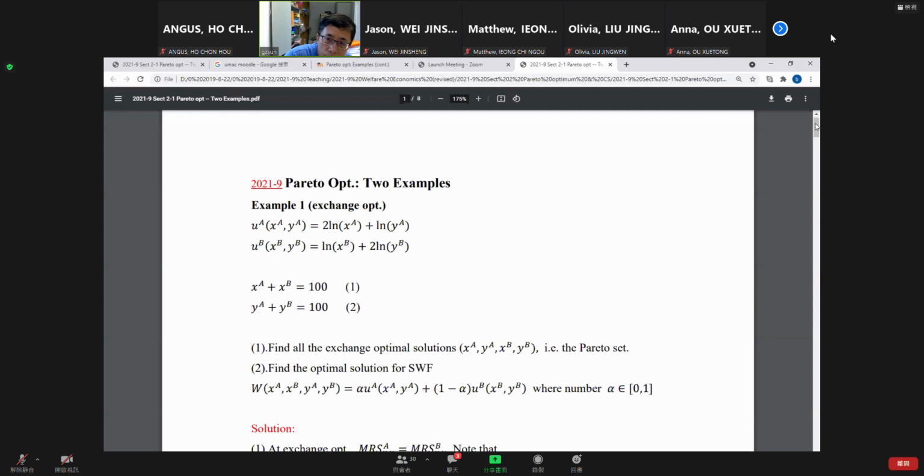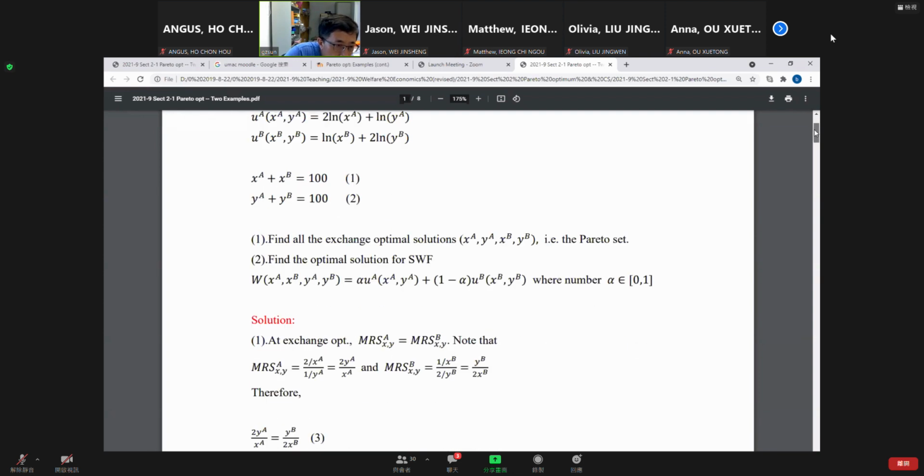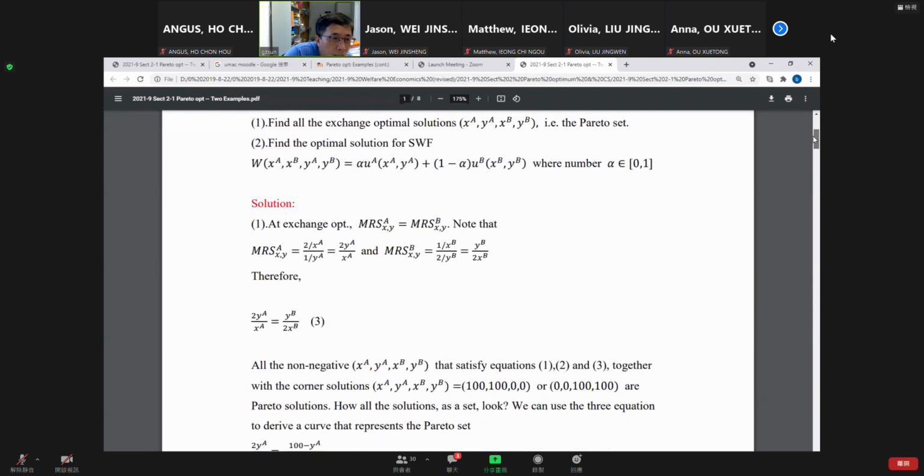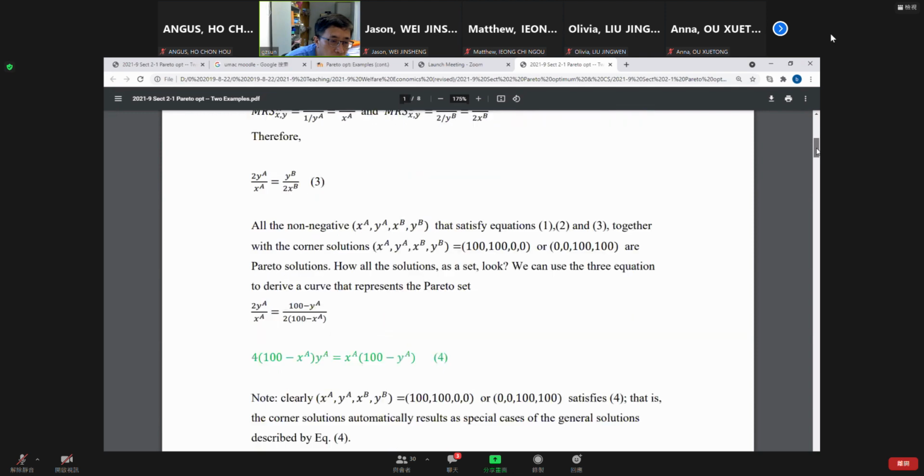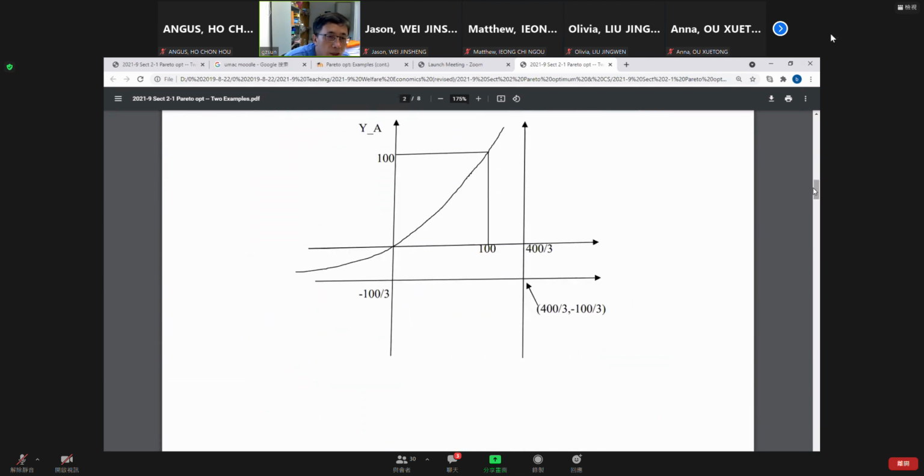In last class, we solved this problem step by step using the idea of marginal rate of substitution being the same at exchange optimal. It is a boring process of mathematics, and we went through it and eventually found what we get here.